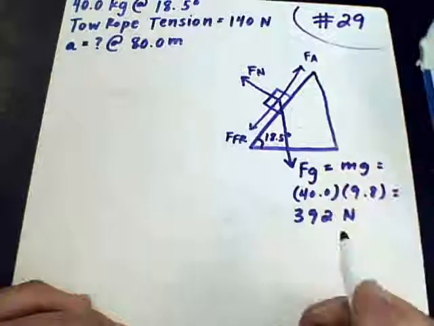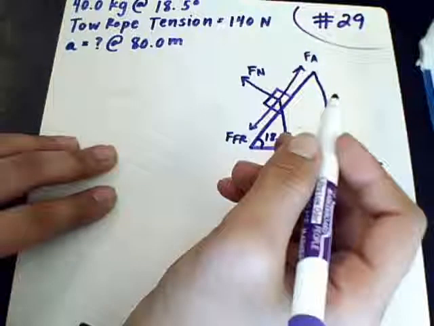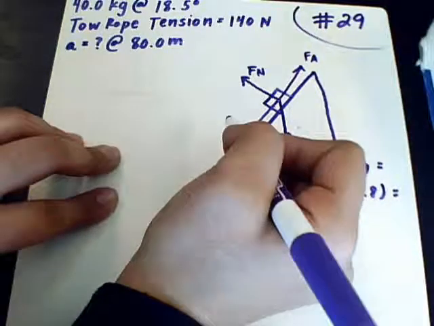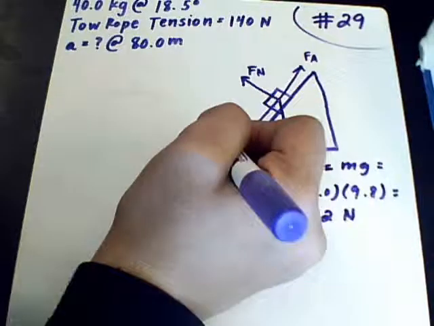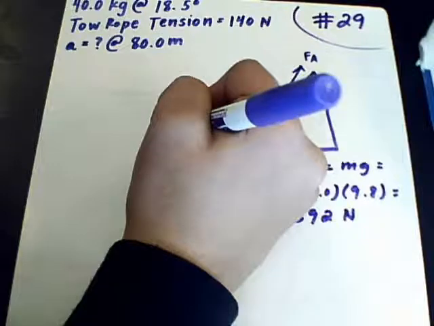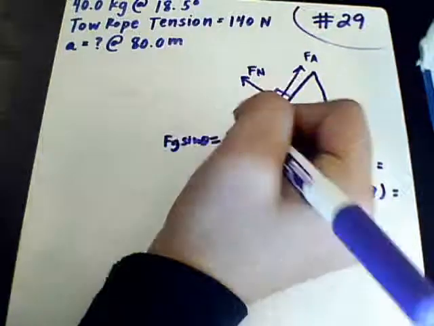Alright, our F of G is 392 newtons. Our force of gravity in the x direction is force of gravity sine theta.